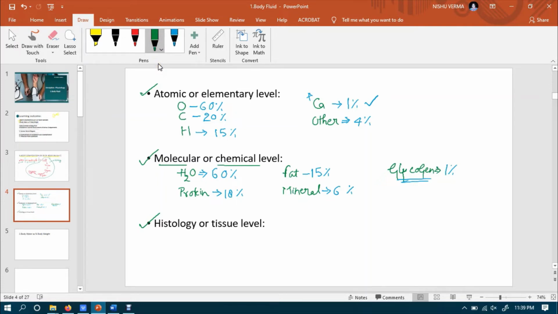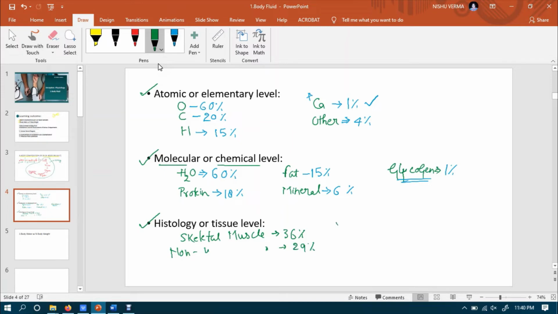When talking about the histology and tissue level, our body comprises various types of tissue, basically four types. Here we discuss only a few things which are important for NEET PG or our PG entrance exam. Skeletal muscle contributes 60% of the body weight, and non-skeletal muscle contributes 29%.